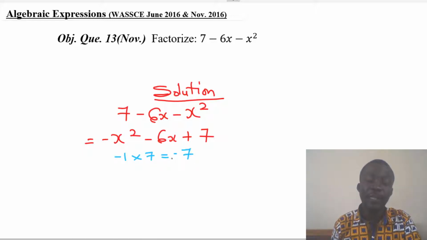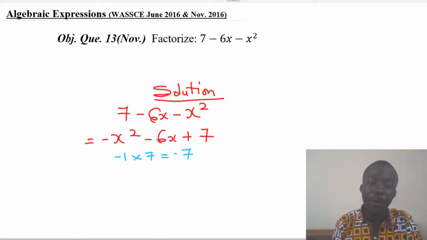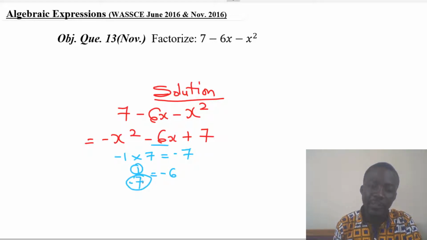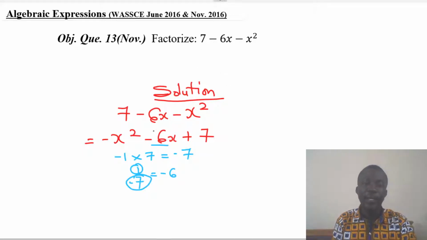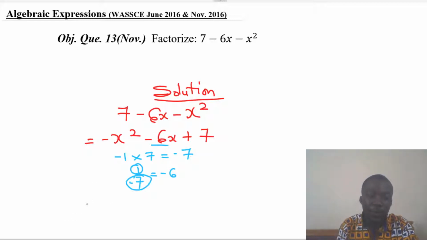Then we find two factors of negative 7 which, when we add, we get the coefficient of x, which is negative 6. So 1 and 7, and when we negate the 7 and add it to 1, we get negative 6, which is the coefficient of x. So these are the two factors, 1 and negative 7, that we are going to use as a substitution for negative 6x.